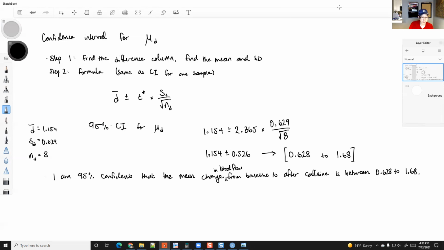So this is correct. Now these are subtle differences. I will say, do not say I'm 95% confident that the difference... There's only one mean, only one, and it would be incorrect to refer to having two means.